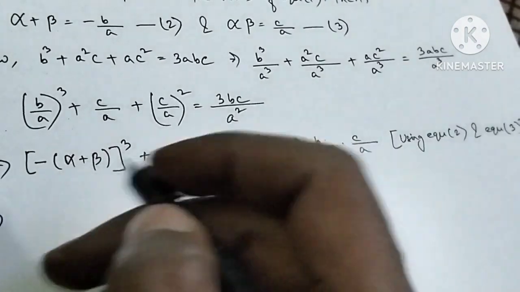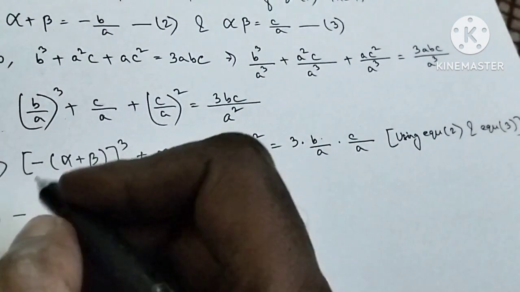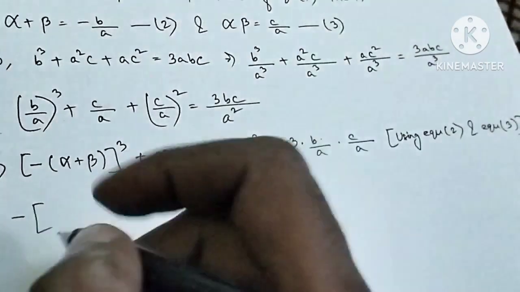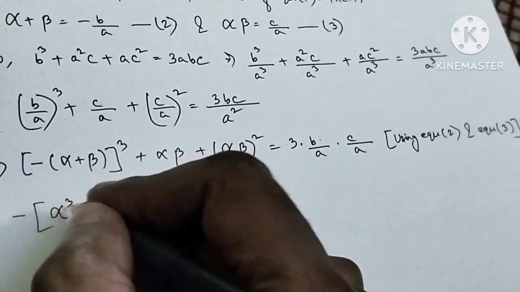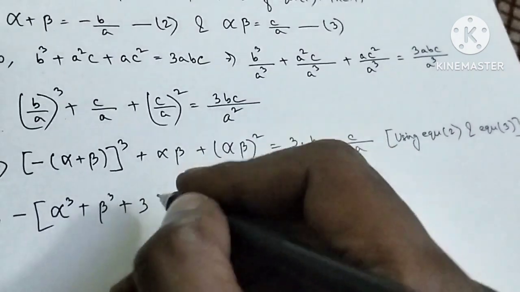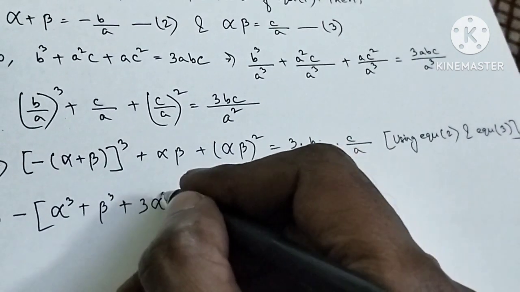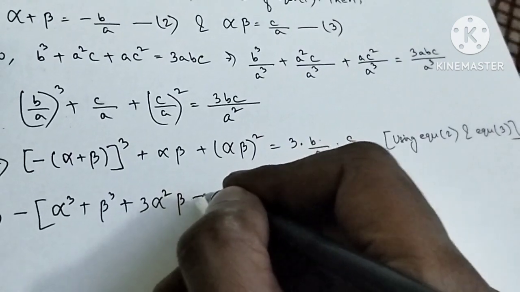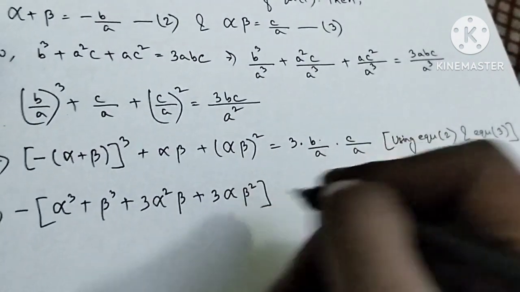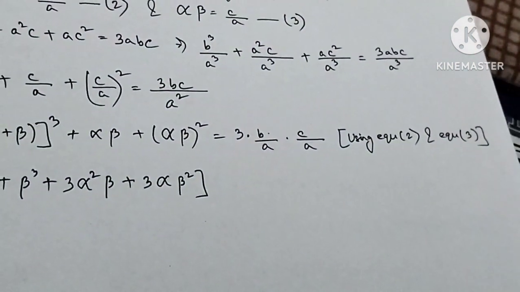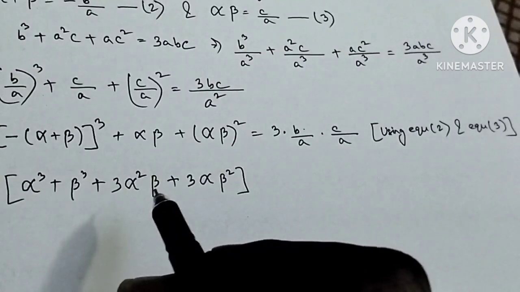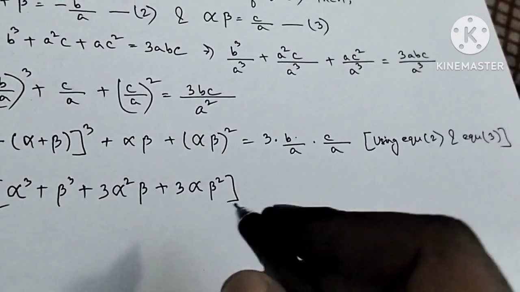So minus cube is minus. Alpha plus beta whole cube formula is alpha cube plus beta cube plus 3 alpha square beta plus 3 alpha beta square.